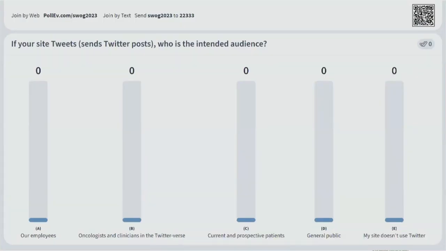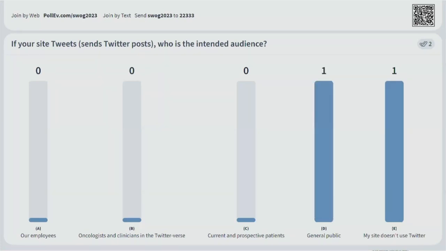Okay, first two questions are about your site. So if your site does tweet, makes posts to Twitter, who's the intended audience? And answer as many as apply here. You need to send a separate text for each answer choice.